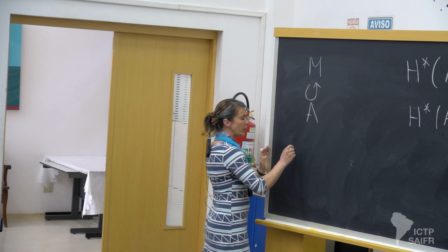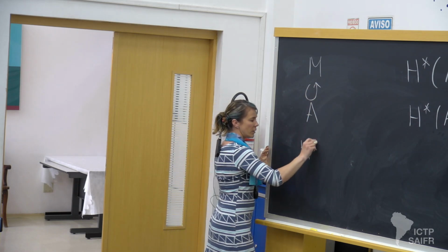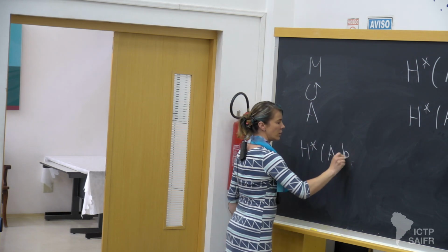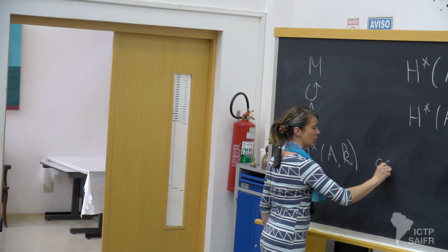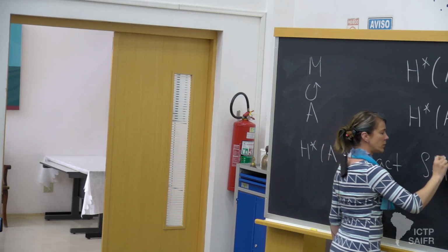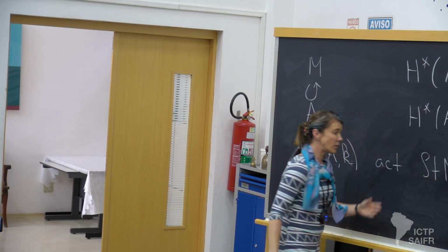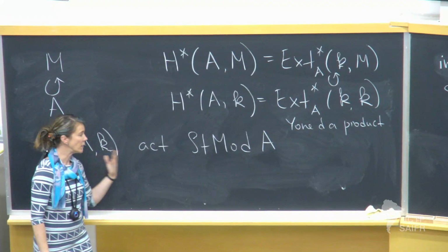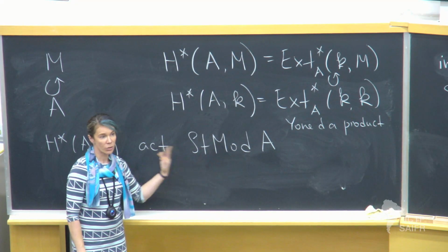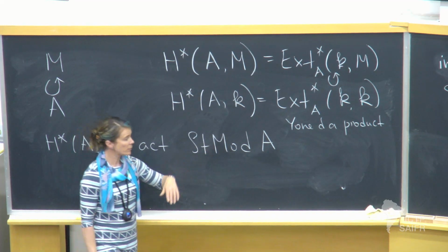More formally, we can have this algebra act on the category, which just means that it acts on the graded Hom spaces. You have an algebra acting on the triangulated category, just to have it act on the graded Hom spaces.